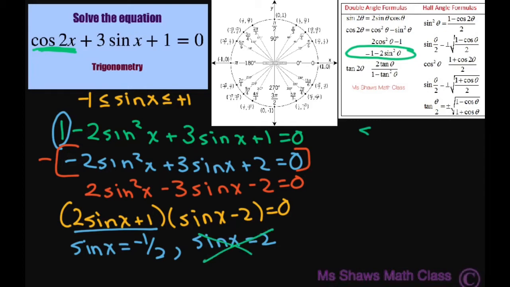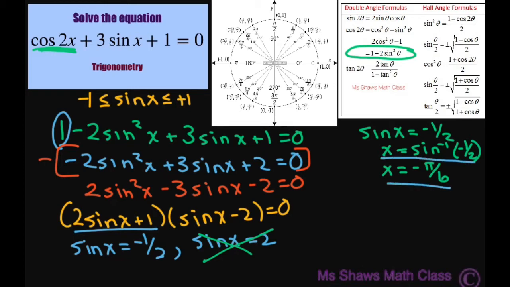So when we take sine of x equals negative 1/2, and you do the inverse, so x equals sine inverse of negative 1/2, that means x is going to equal negative pi divided by 6 using your inverse function restrictions, right?